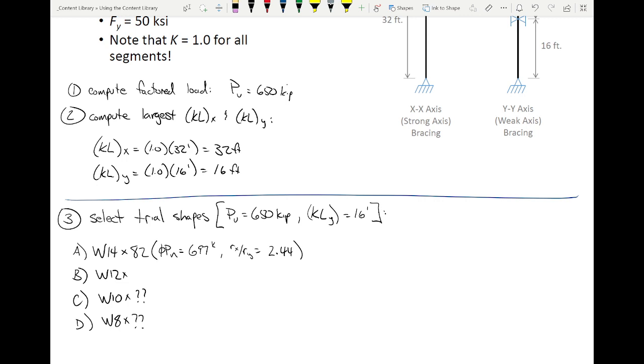Now, the W12. The 72. You chose that because it has a phi-Pn of what? 709. And what is its rx over ry ratio? 1.75. Good deal. Now, what about the W10?